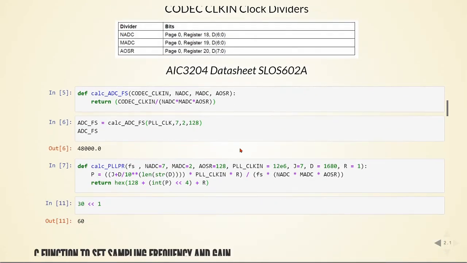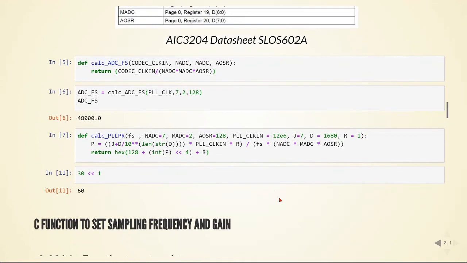To make things easier, we are going to try to keep things constant. We are not going to change the reference clocks, and we will try to, for example, leave D, J, and R and all these clock dividers constant. We will change just the value of P, and then we will have some different sampling frequencies.